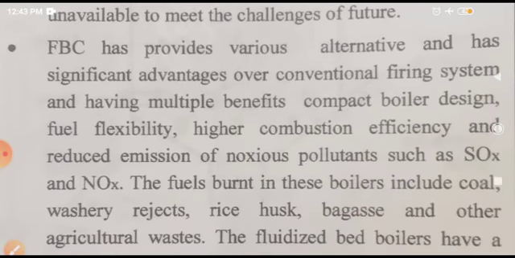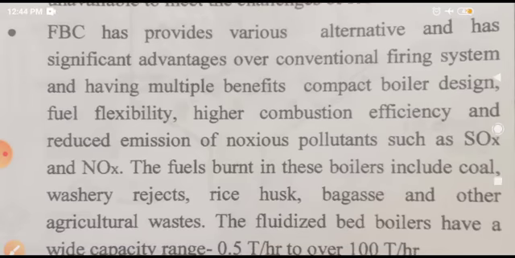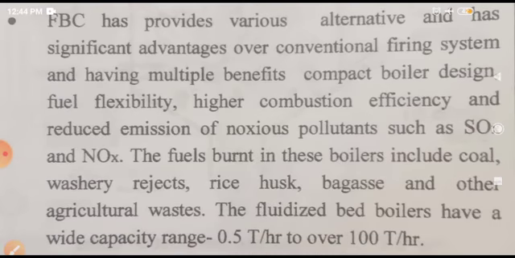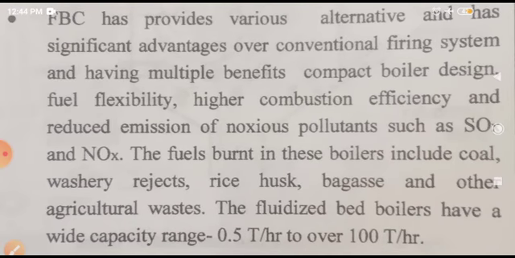FBC has provided various alternatives and has significant advantage over conventional firing systems, having multiple benefits: compact boiler design, fuel flexibility, higher combustion efficiency, and reduced emission of noxious pollutants such as CO, NO2, NOx. The fuels burned in these boilers include coal, washery rejects, rice husk, bagasse, and other agriculture waste.